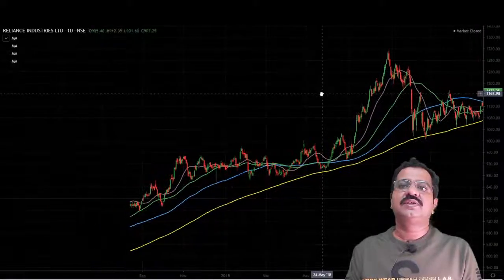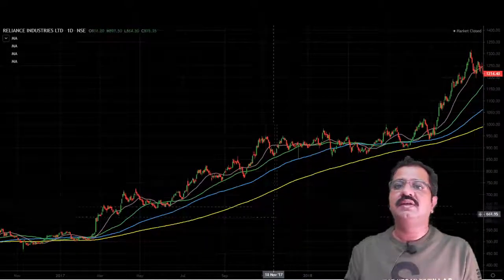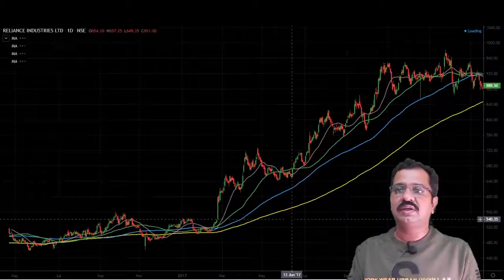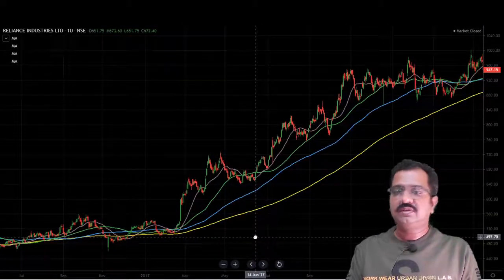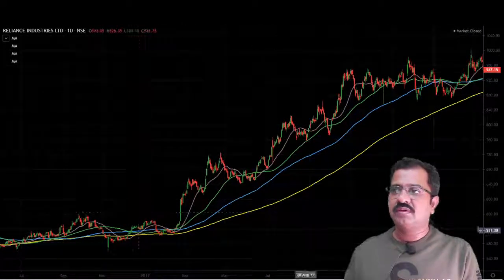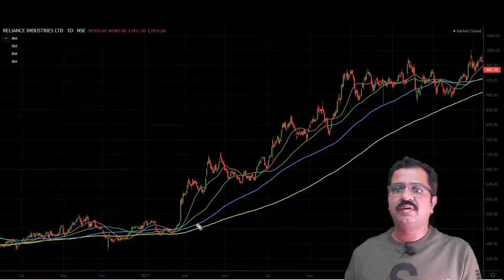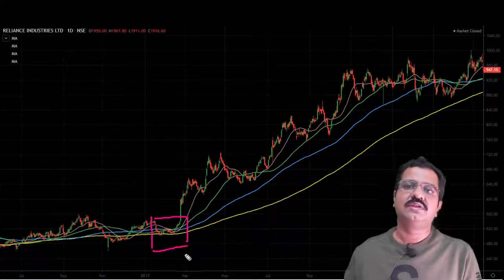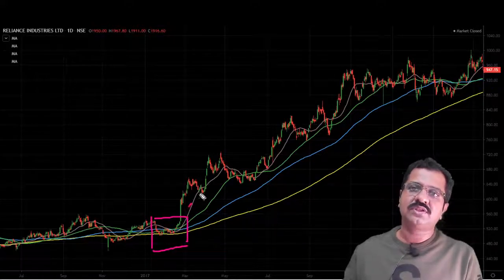Now say this Reliance chart, and if you see it somewhere here in 2017, then see all four moving averages were together here, right, in this region, and this expansion started.